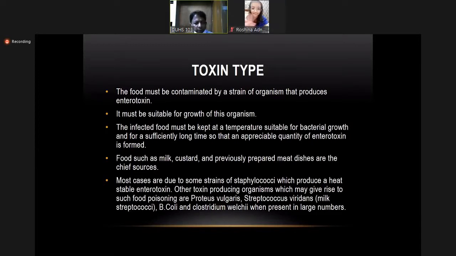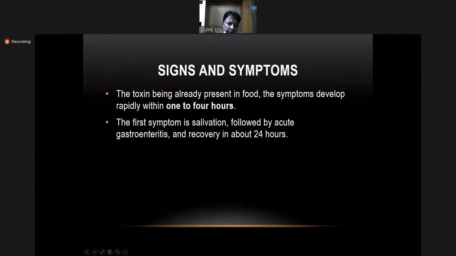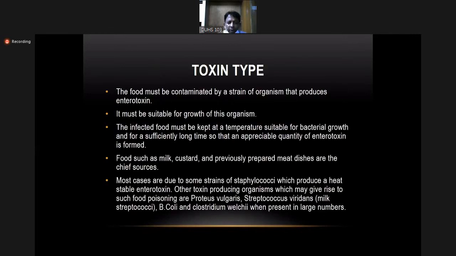Other toxin-producing organisms which may give rise to such food poisoning are Proteus vulgaris, Streptococcus viridans, milk streptococci, or B. coli. Also Clostridium welchii, commonly associated with putrefaction in dead bodies.